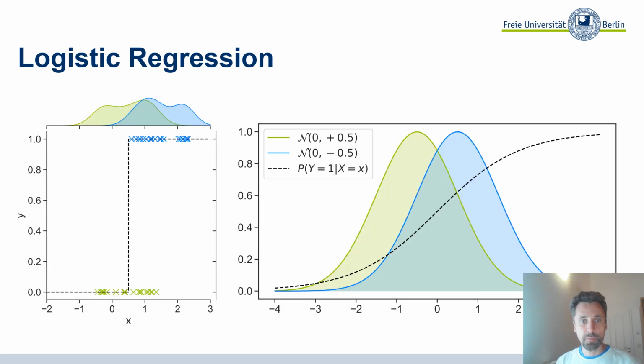So look at this example. We have two distributions, the blue one for the output class 1, and the green distribution corresponds to the green data here for output class 0. And as you can see, those overlap already.